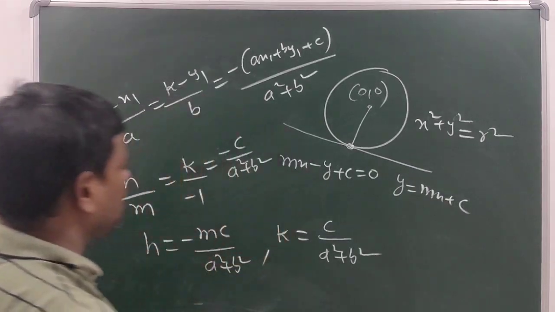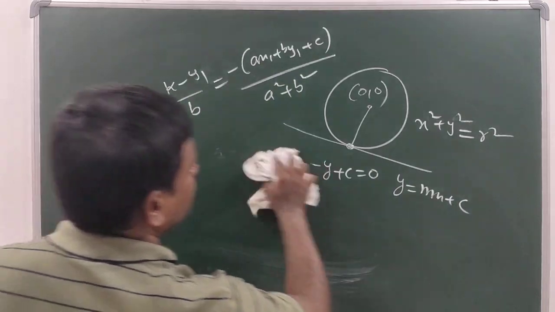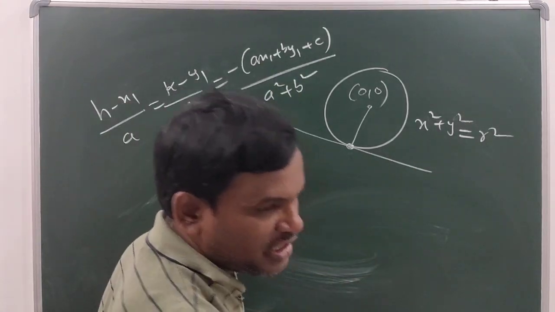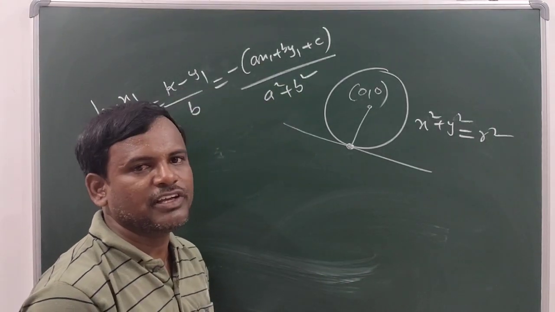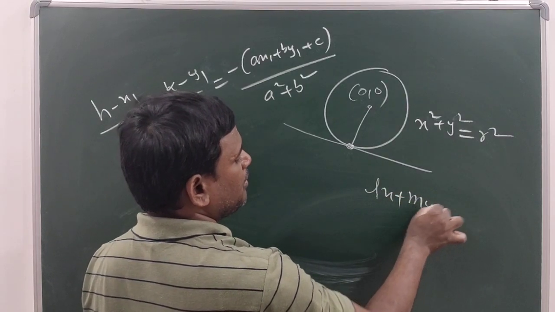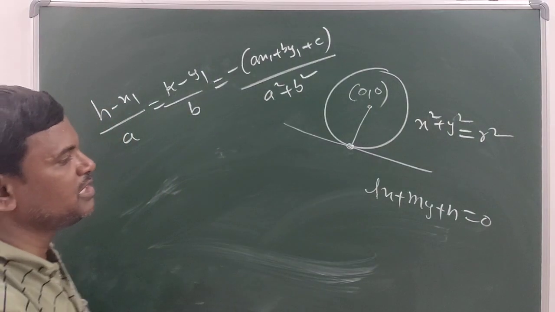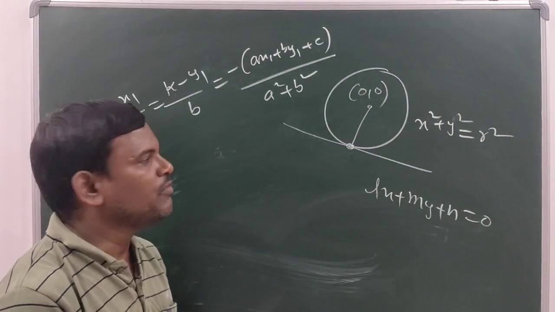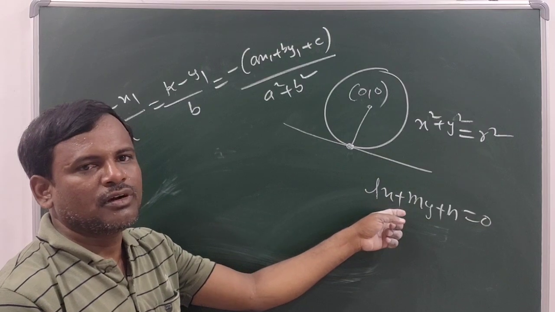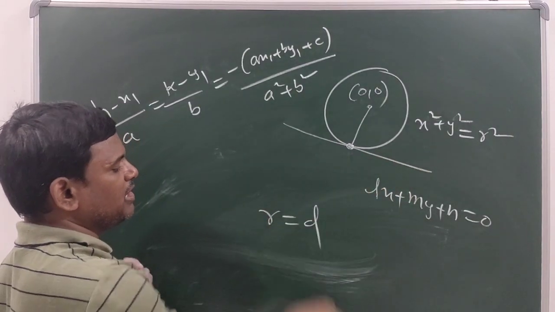Suppose the line is given like this, Lx plus My plus N equal to 0. Every time, a line equation will not be given as y equal to mx plus c. They may give lx plus my plus n equal to 0. In this case, if you want the condition for this line to be a tangent to the circle, use the r equal to d condition.